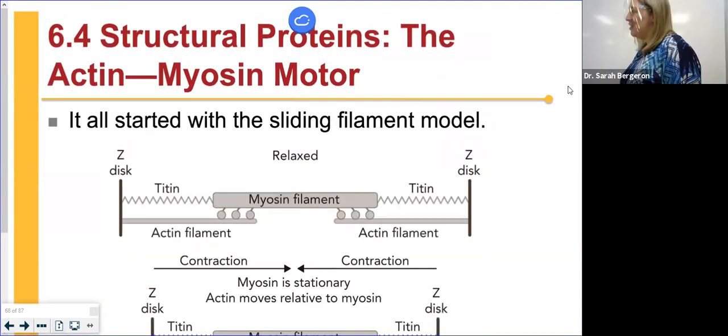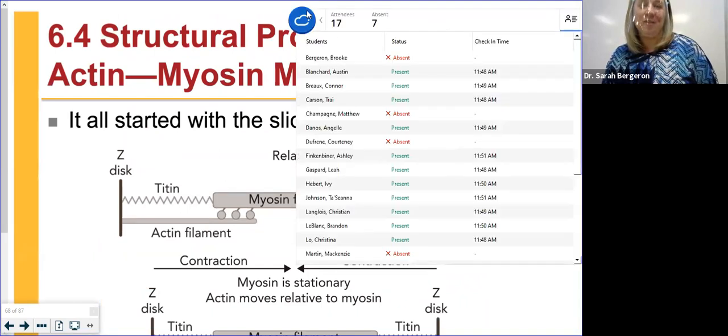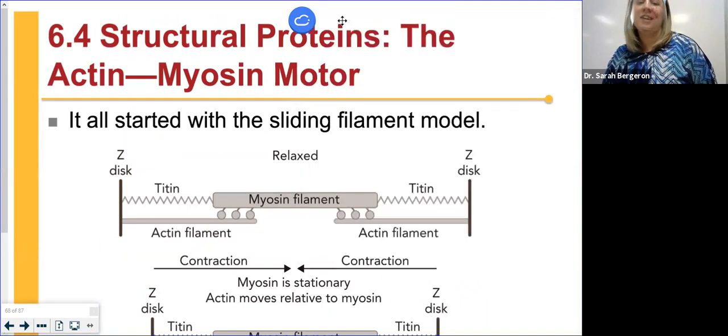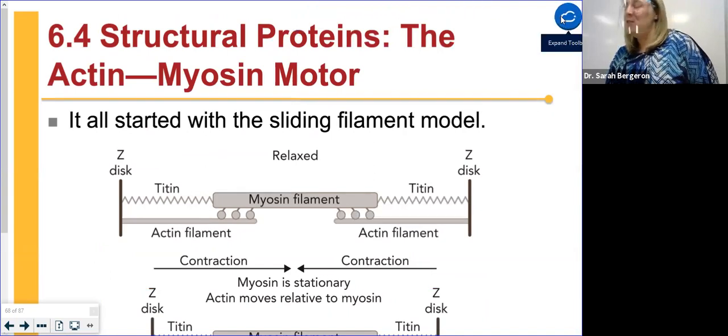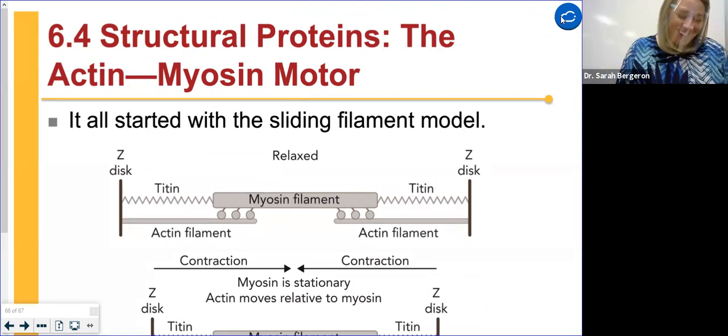But before we do actin, you've done your attendance, right? Everybody's done their attendance. Please do your attendance if you have not. Before we do that, start with a joke. Why did the football coach go to the bank? To get his quarterback. Okay.